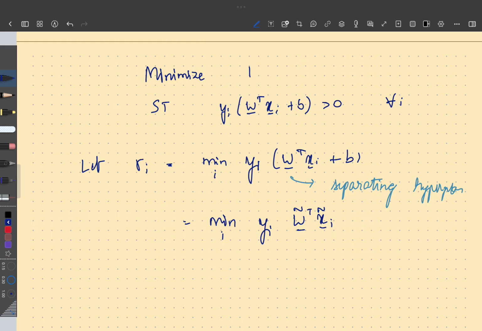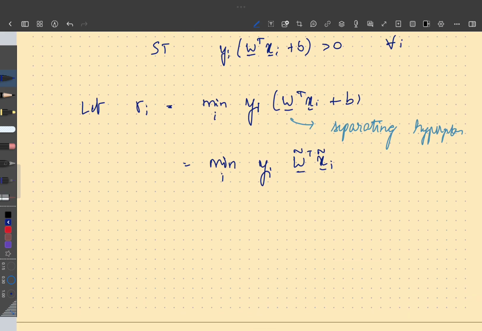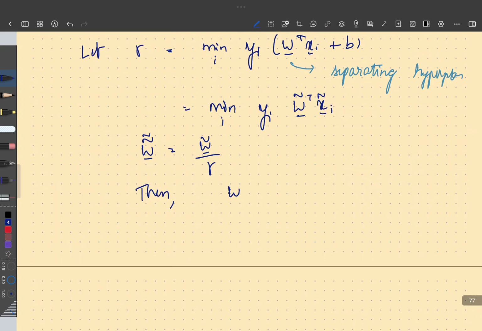Now if I take a new W, which is W tilde divided by gamma, then if I look at W, double tilde, xi within the data set, this is guaranteed to be at least 1.